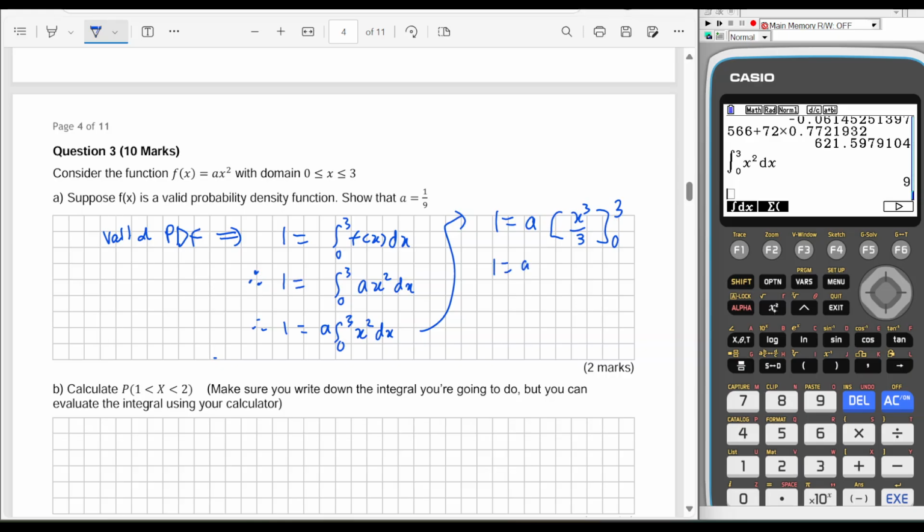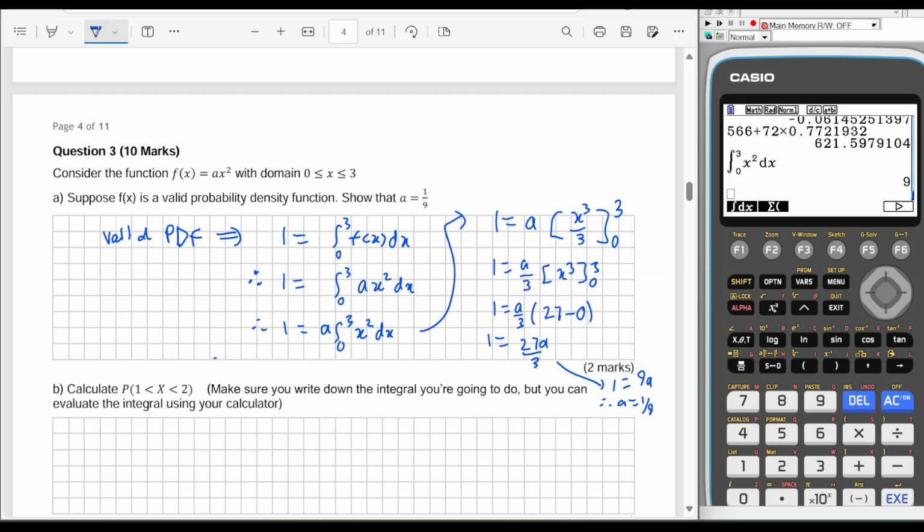So 1 is, we could write a over 3 there, but then you get x cubed from 0 to 3, just pulling out the 3 there. 1 is a over 3 times 27, take nothing. So 1 is 27a over 3. I'm going to run out of space here. 1 is 9a, therefore a is 1 over 9.